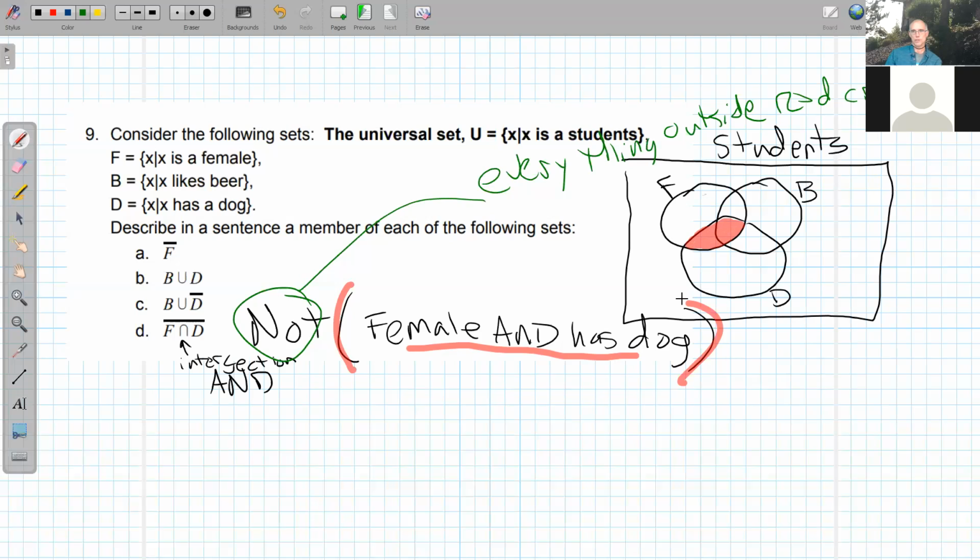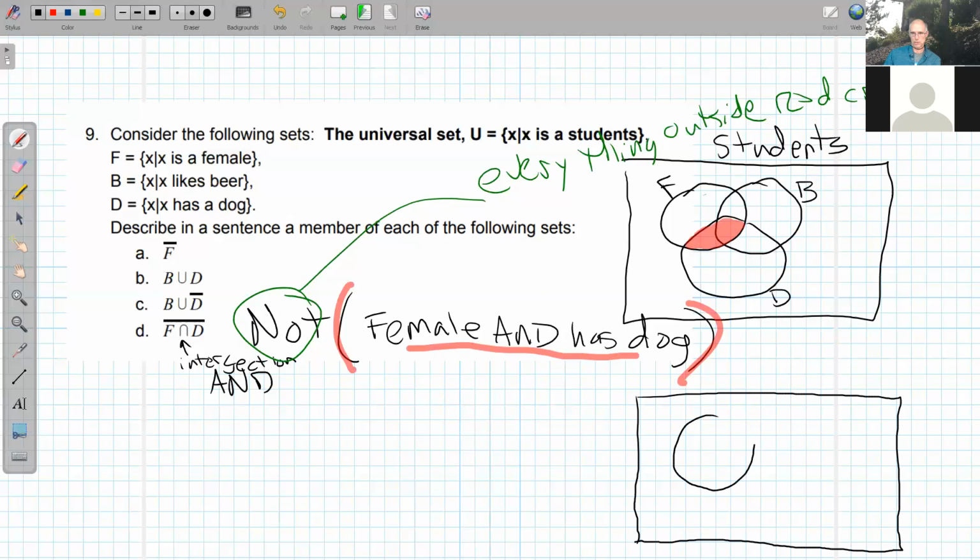So let's see. That's interesting. Let me draw a picture of that another way. Here we go. So I'd like everyone to take a shot at writing this sentence right now, and we'll troubleshoot it while I draw another Venn diagram. So females, beer, dogs, and then students.